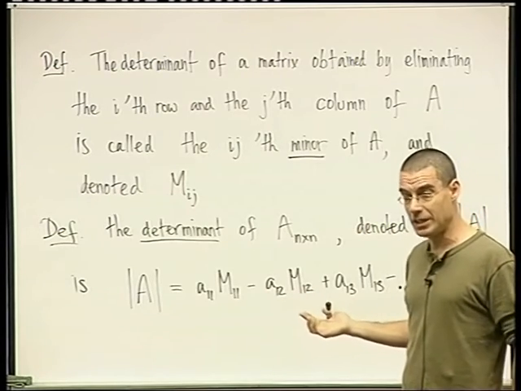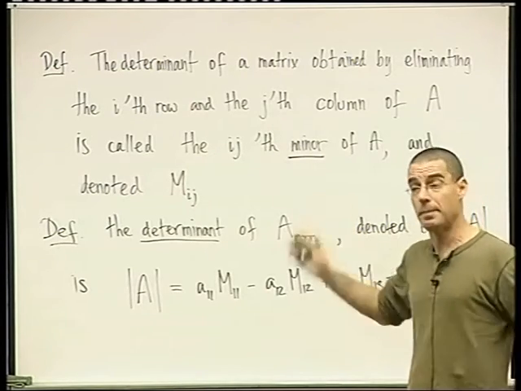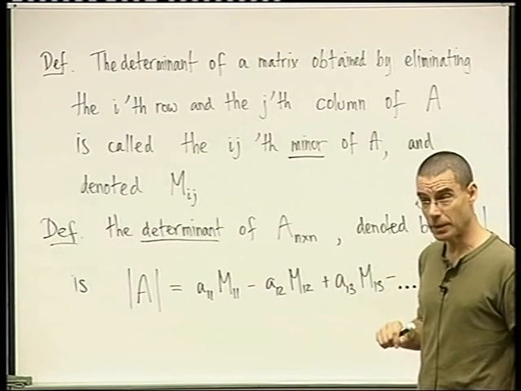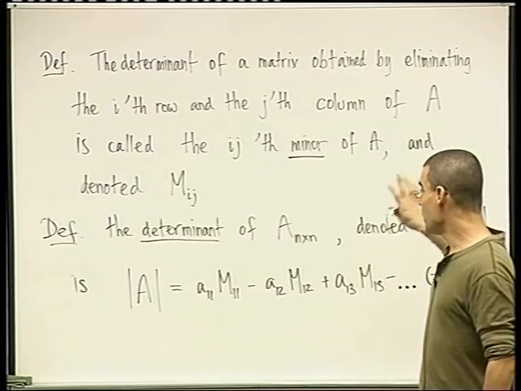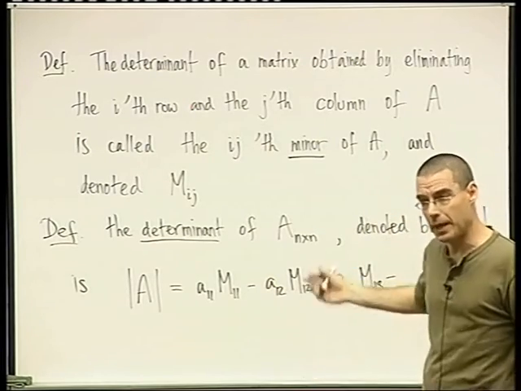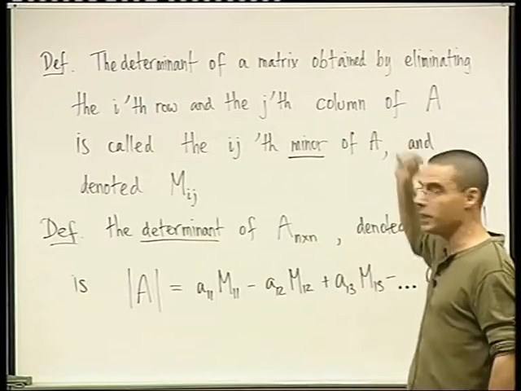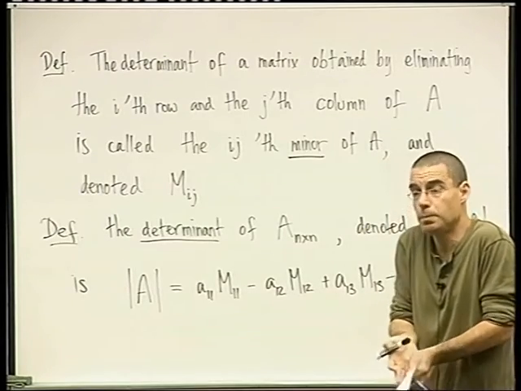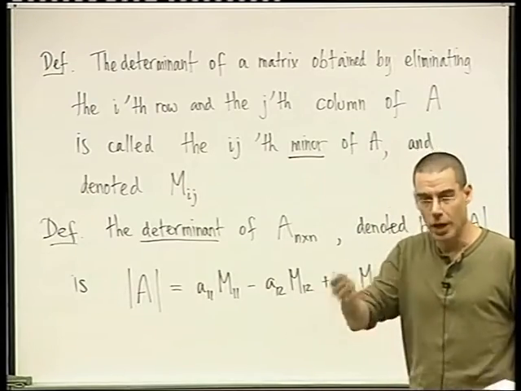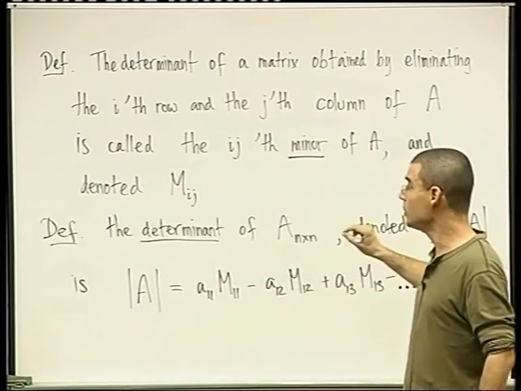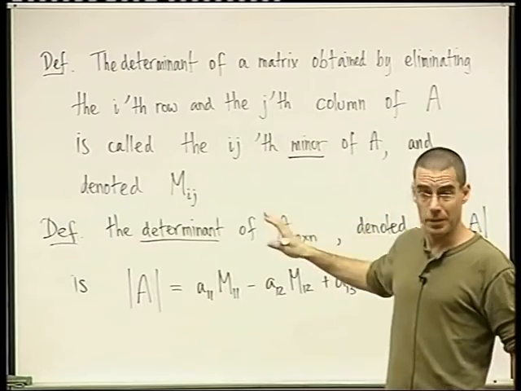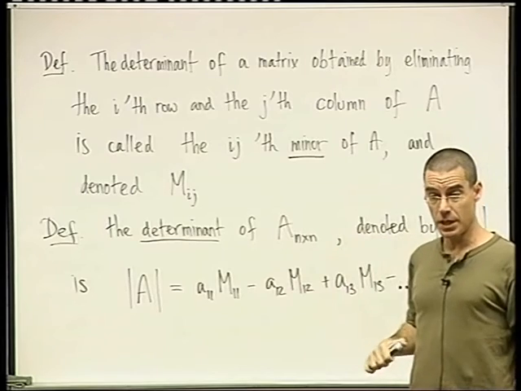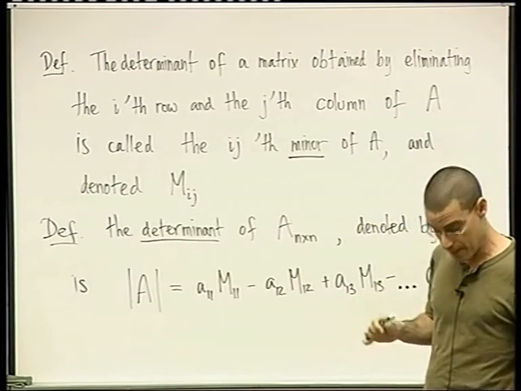If you want to calculate the volume of a parallelepiped made up of 3 vectors, that's what you use, a determinant. So you'll see these things show up, and once you see them, you'll say, hey, we know determinants, we know how to do this. But in this course, it's beyond our scope to show you all these applications. We're only going to do it in the abstract realm of algebra and vector spaces and matrices that we deal with in this course.